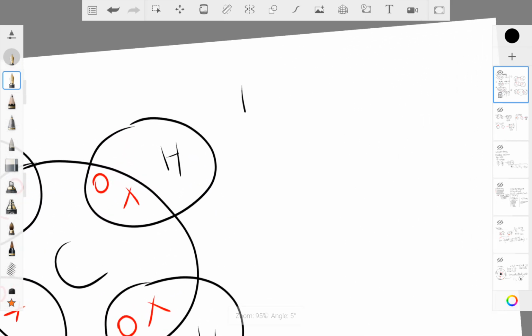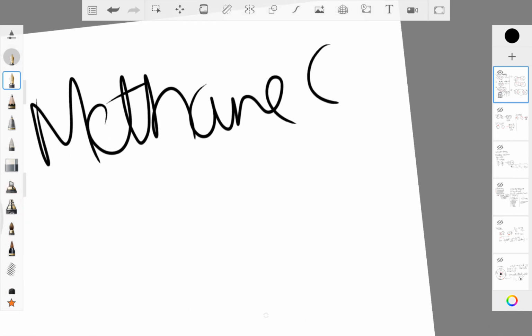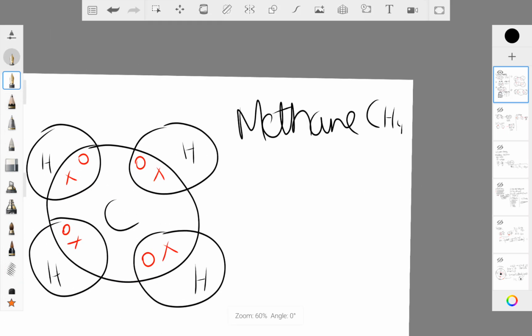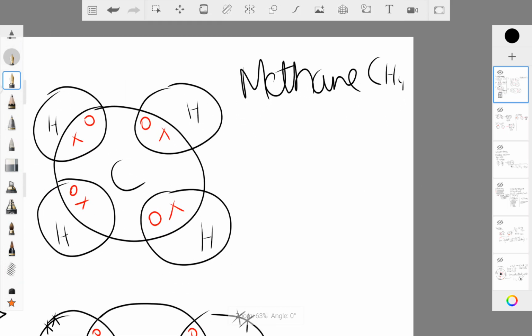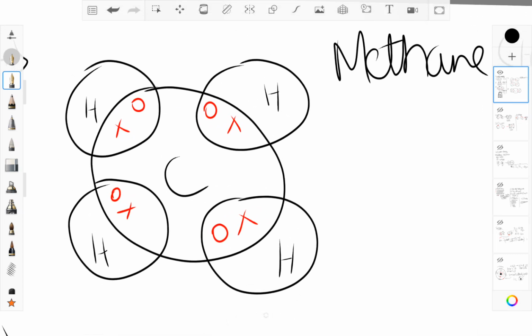This next one is methane, CH4. Yeah, methane, CH4. Now, methane again, very similar concept. Over here, there are no lone electrons whatsoever.